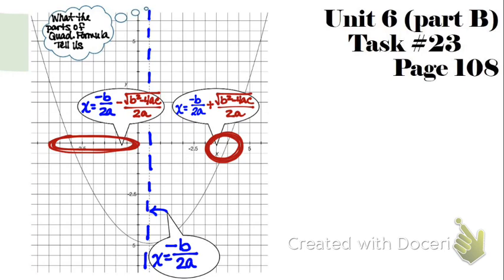What is this one doing again? That is the axis of symmetry. That is the x part of the vertex.